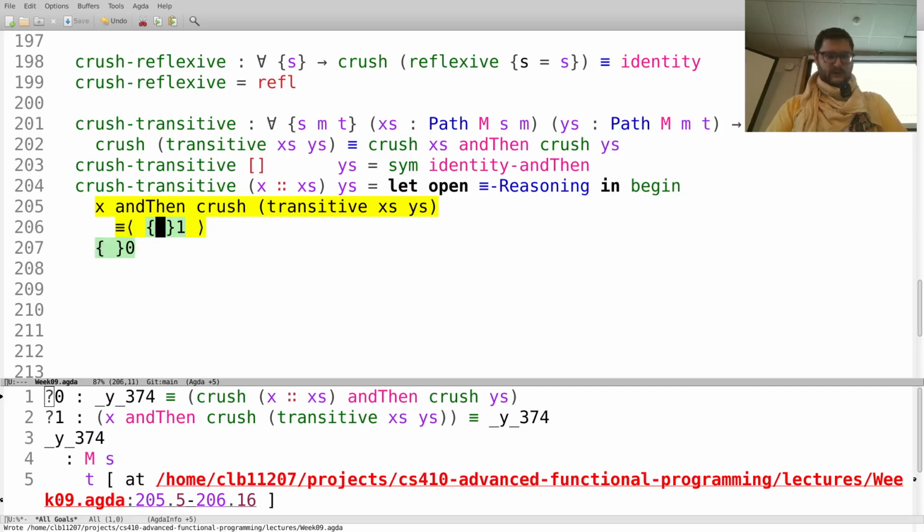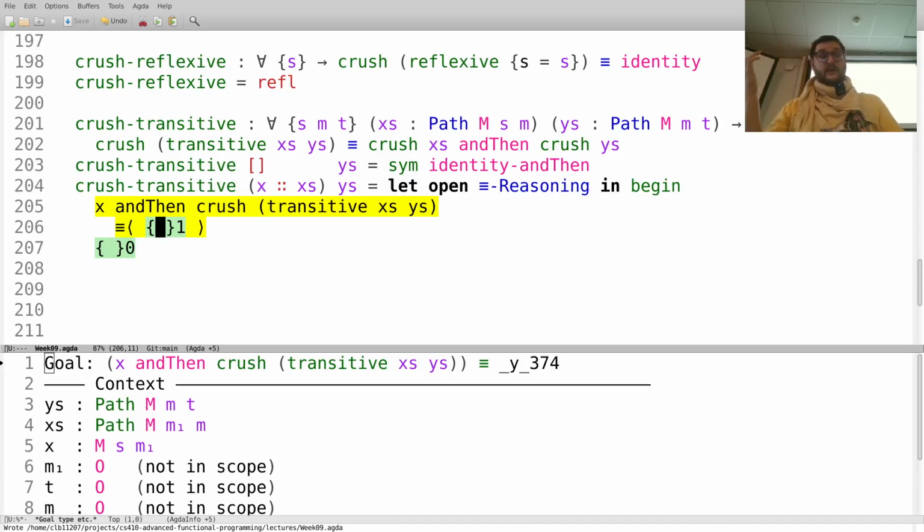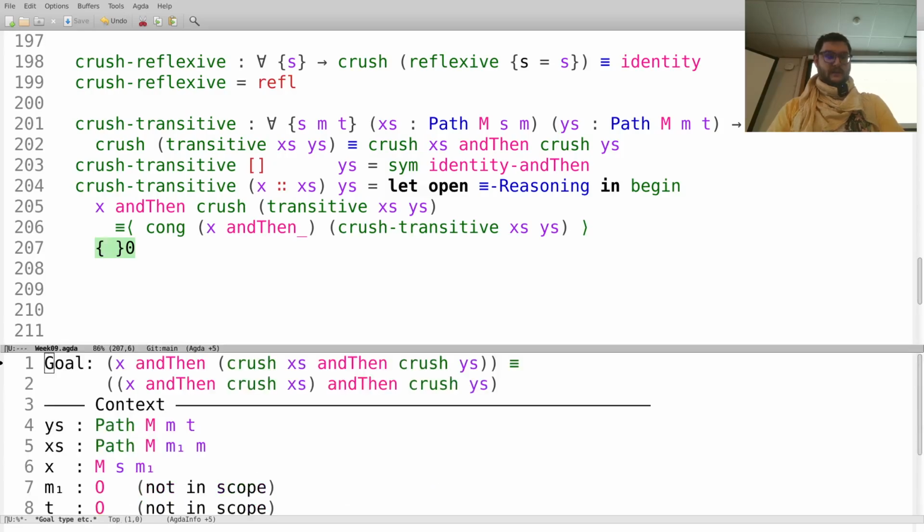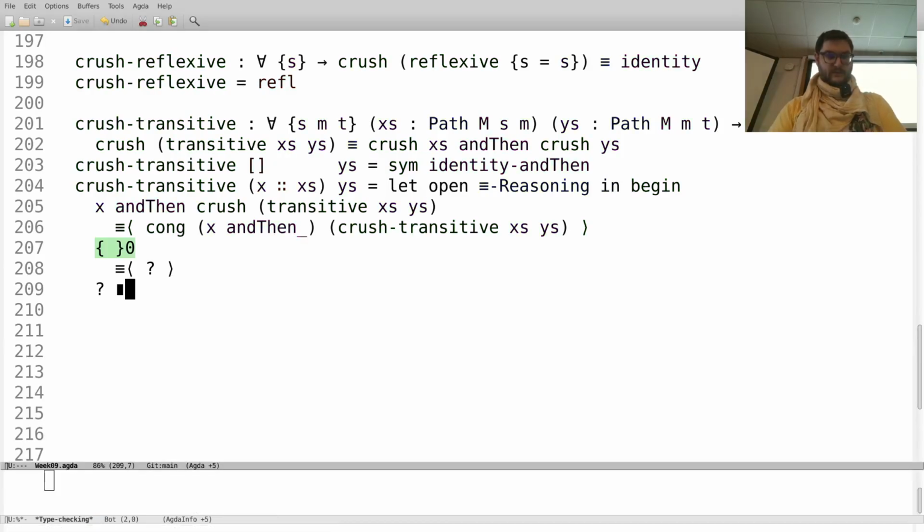Let's take it slow. So here, the only thing I can do is rewrite here by the induction hypothesis. So I have the congruence of X and then. And this is exactly crush transitive. So now I can do my next step. And that might actually be the final step.